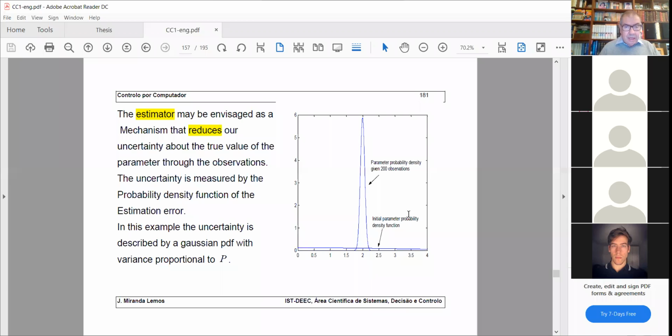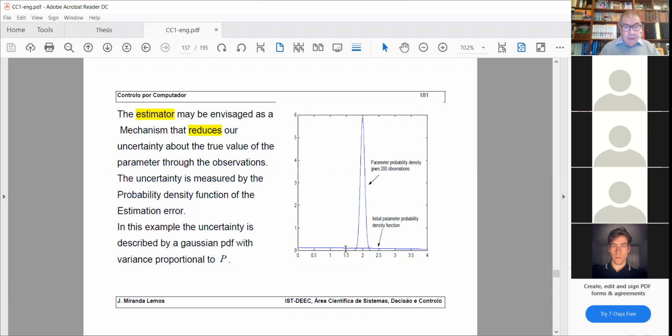Now, after 200 observations, I look at a Gaussian which has a mean value, which is my estimate, and my estimate, you see, is quite close to 2.